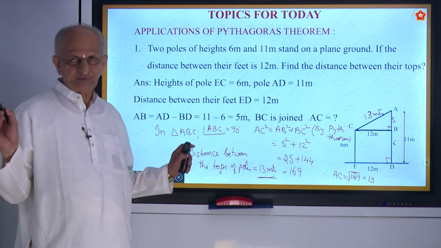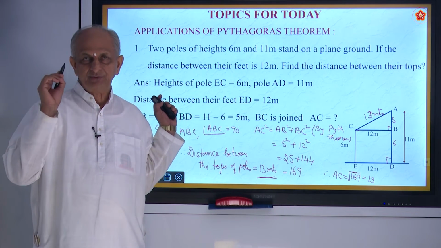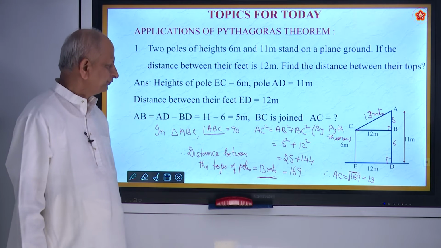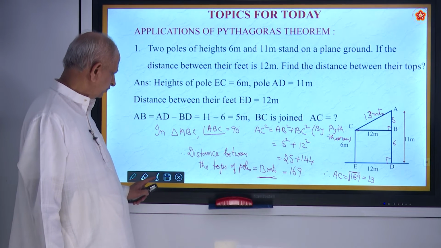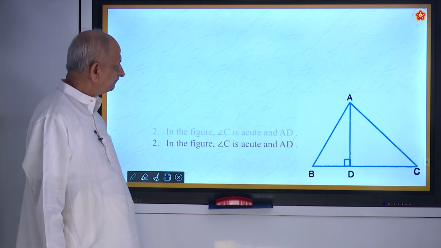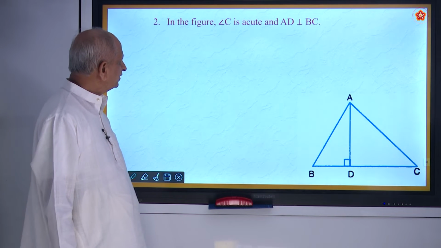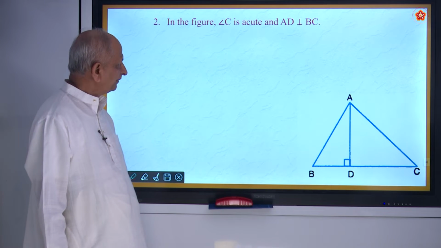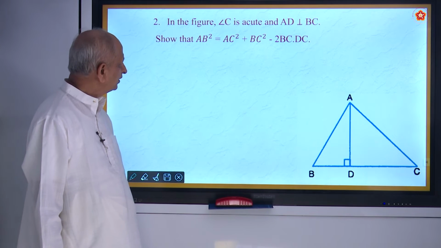Is it clear? Very interesting question. It's a very important one also. So go through this. Note down. Okay. We'll pass on to the next question. In the figure, angle C is acute and AD is drawn perpendicular to BC.